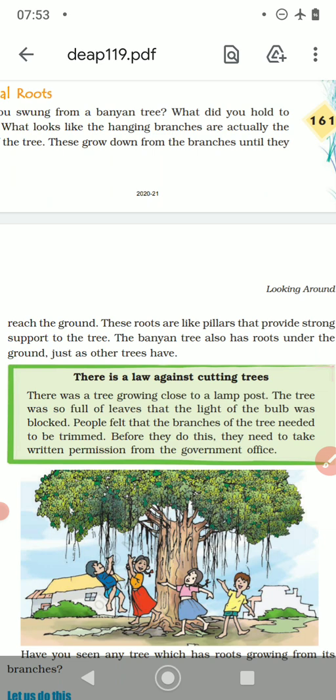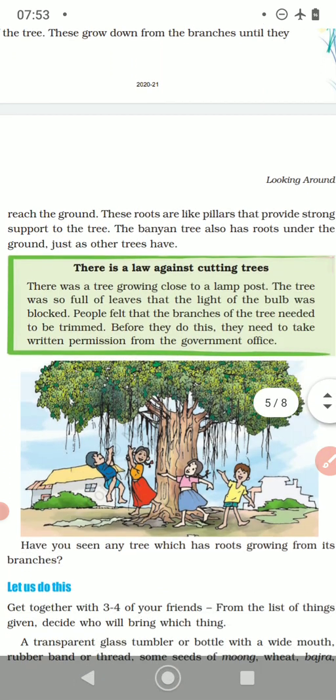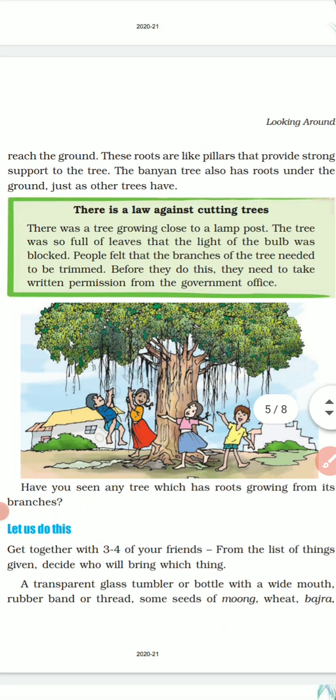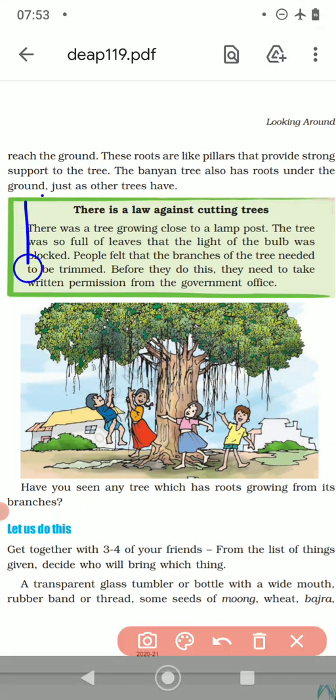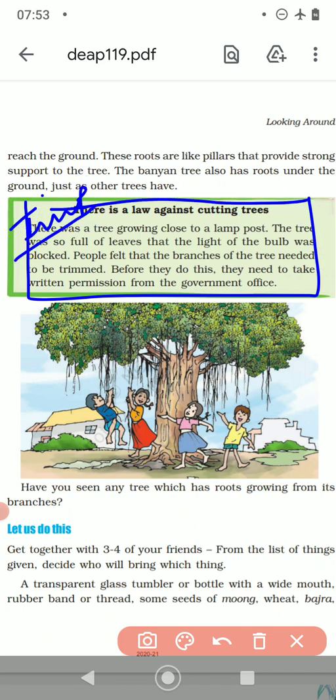So you have to write about the roots which are hanging, which appear like hanging branches, and also the roots which are naturally below the ground. Now, there is a law against cutting trees. This is a very important topic, and this question is always asked.